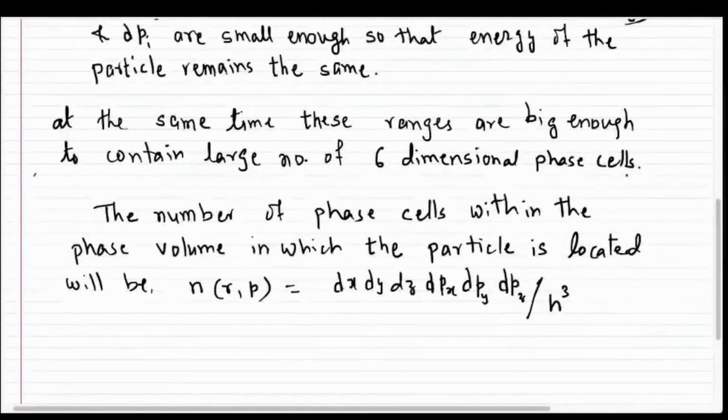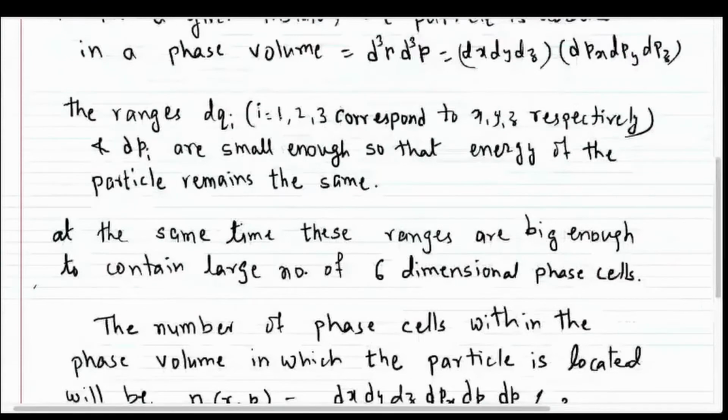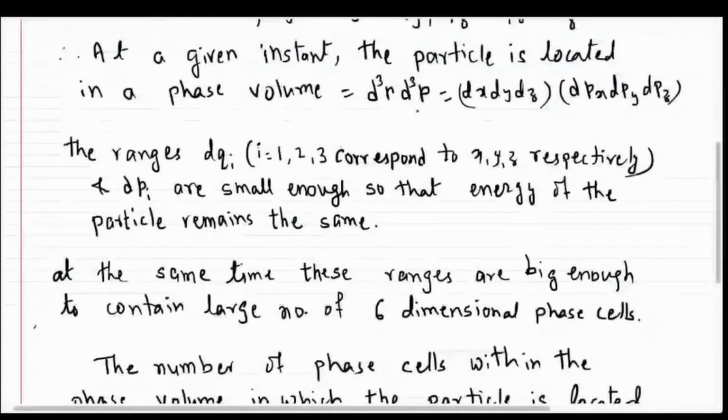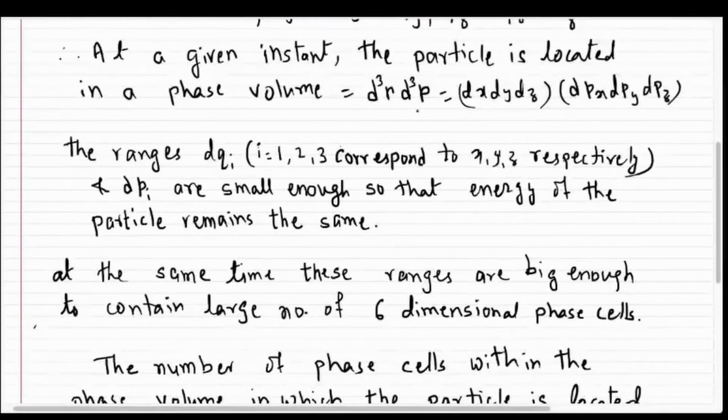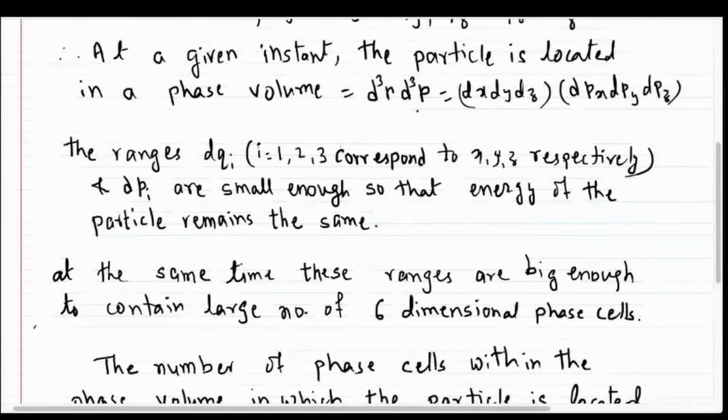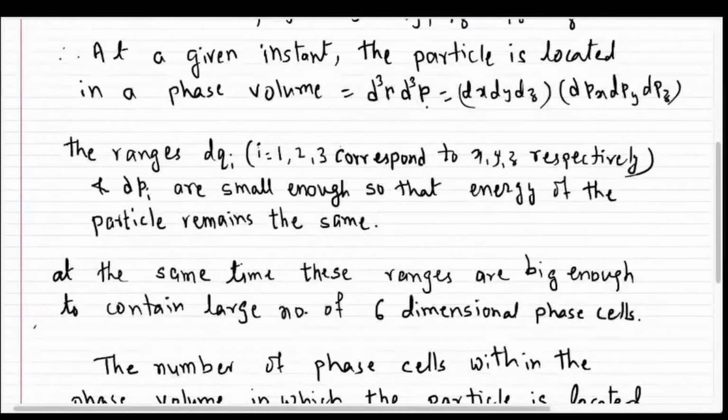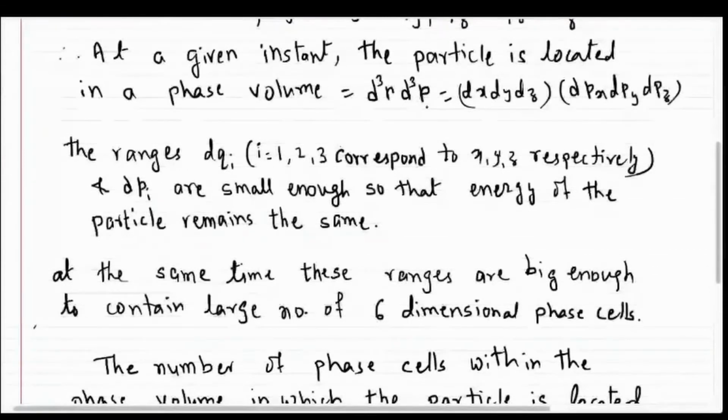So this particular phase volume, that is d cube r d cube p, can contain a large number of microstates, but it is so small that it cannot contain more than one macrostate. That means the particle can be anywhere in this particular phase volume and it will still have the same energy, but it can have a different configuration when it changes its place within this volume.